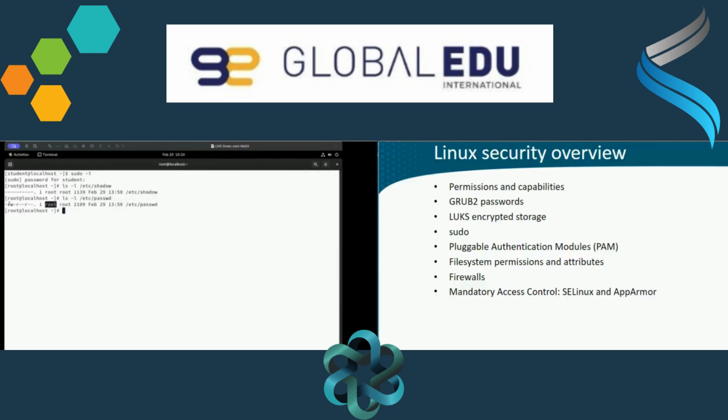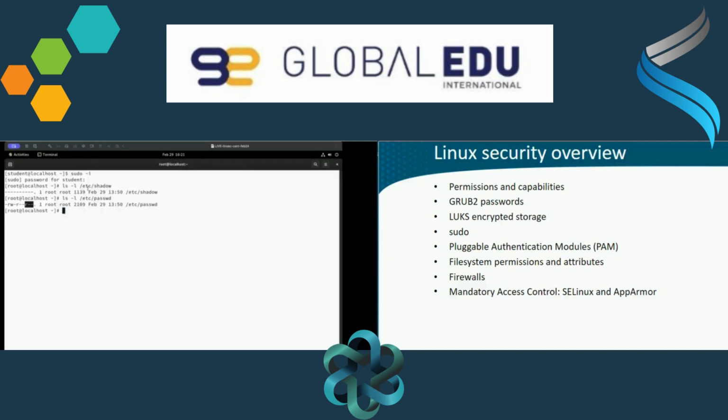If you are the user owner, you get the permissions of the user owner. If not, then Linux is going to check, are you a member of the group that is owner? And if so, you are getting the permissions of the group that is owner. And if that's also not the case, then you have the permissions of everybody else. So that's the UGO mechanism, UGO for user, group, and others.